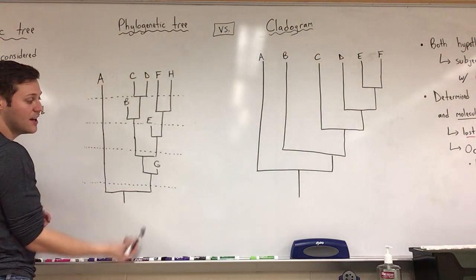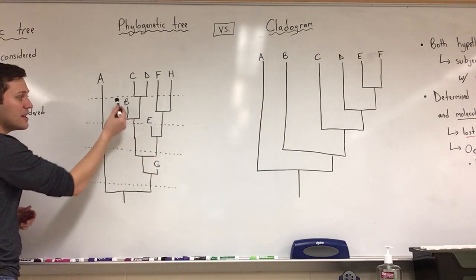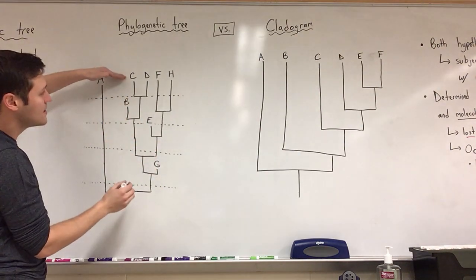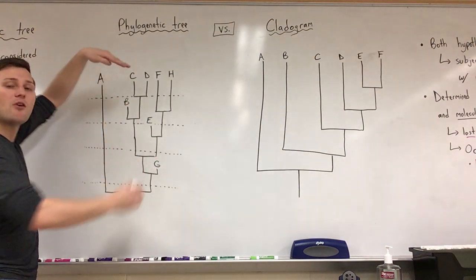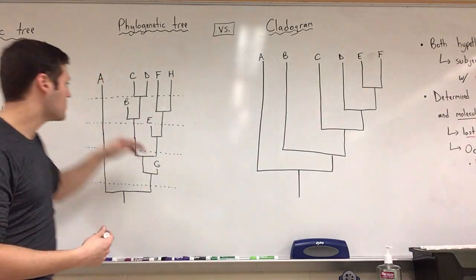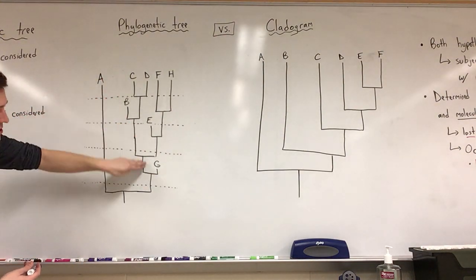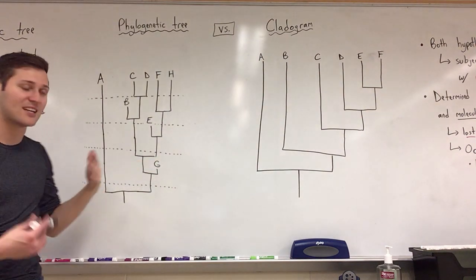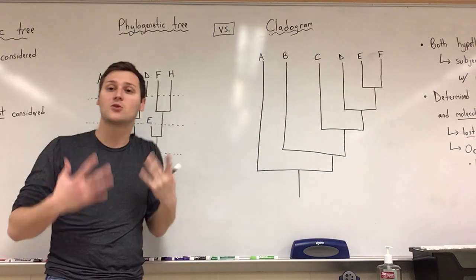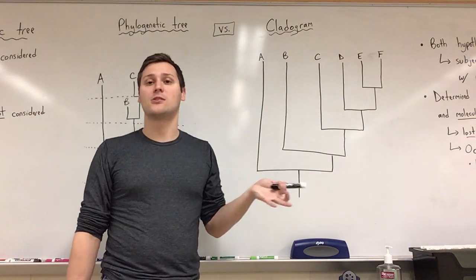We also see here species G, species E, species B. All of them are not at modern time because G, E, and B have all gone extinct. Maybe just over 1 million years ago, just over 2 million years ago, between 3 and 4 million years ago, species G went extinct. So phylogenetic trees consider time, whereas cladograms, as you can see, are not considering time.